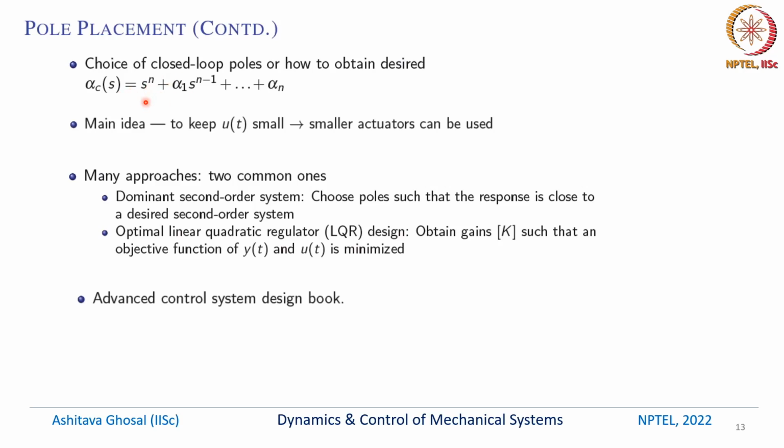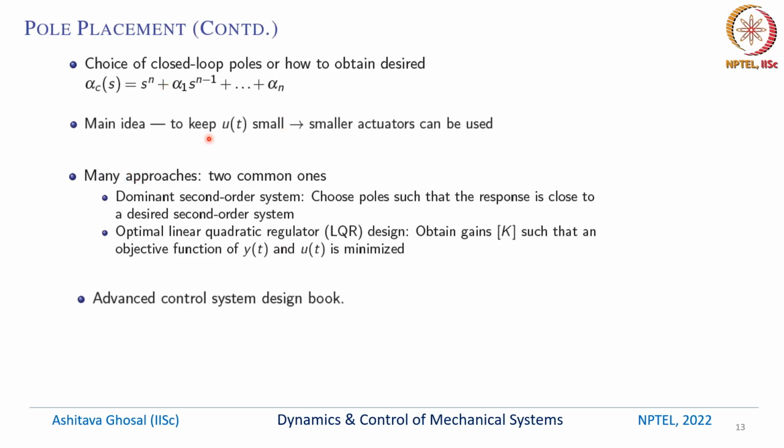If you have a desired polynomial, then I showed you how we can find alpha c of F, then we know Qx inverse, and then we take this component and find the K matrix. But what is the desired closed loop polynomial, and how do we choose it?